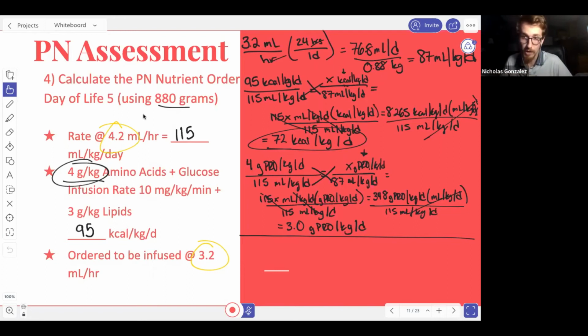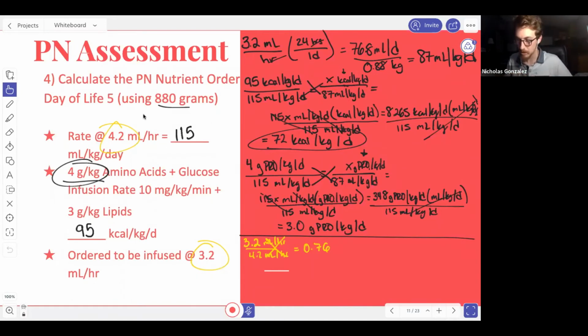So let's just figure out what that ratio is, what that percentage is. We're just going to do 3.2 divided by the 4.2, which will give us 0.76. Units are going to cancel. So that is the ratio that we're working with here.